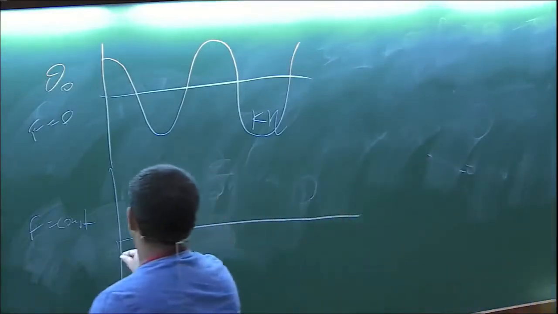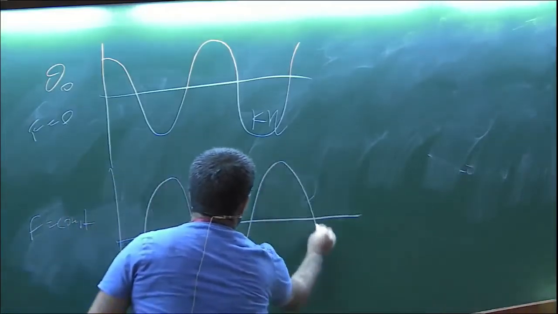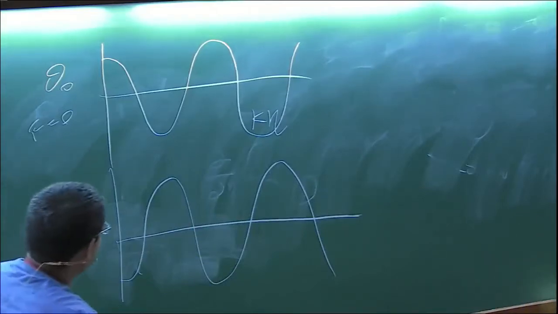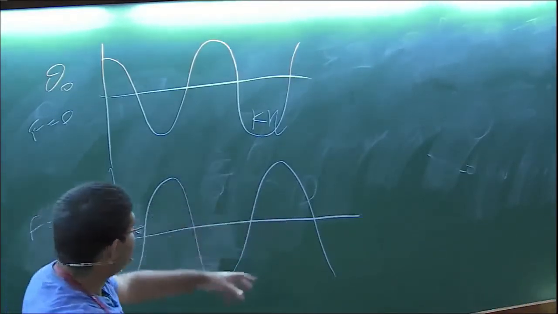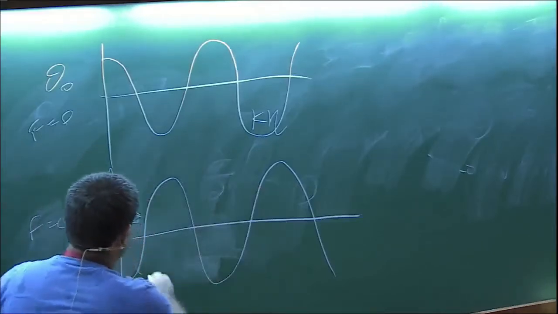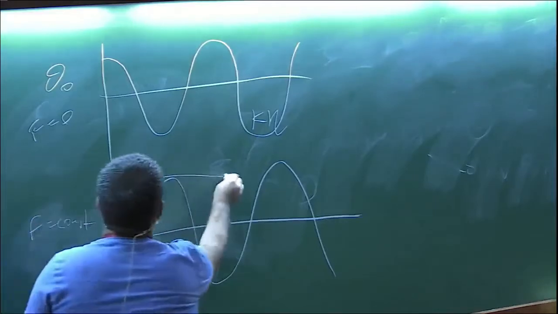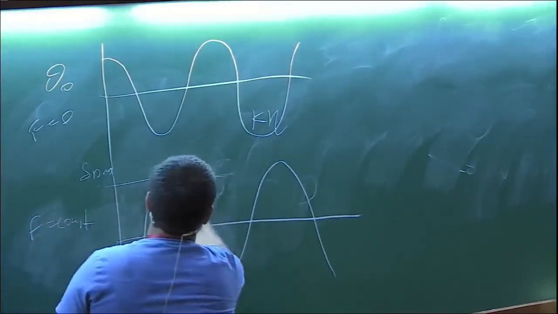So for positive dark matter density, the solution actually becomes this. What has happened is that gravity is much stronger than the pressure, and it forces the first oscillation to fall into the gravitational potential wells. So dark matter density is positive somewhere here.